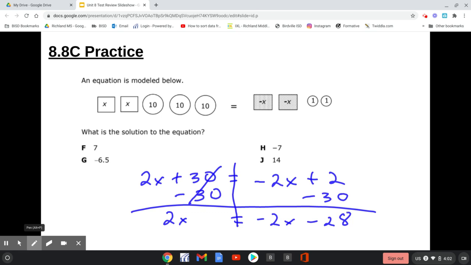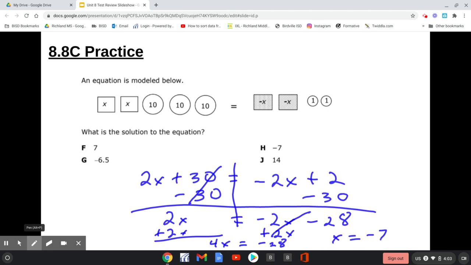Then we need to move this x to the left by doing the opposite. And that's going to give us 4x equals negative 28. Divide both sides by 4, and we know x will be negative 7.